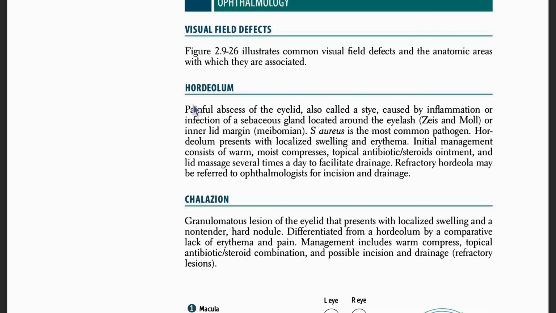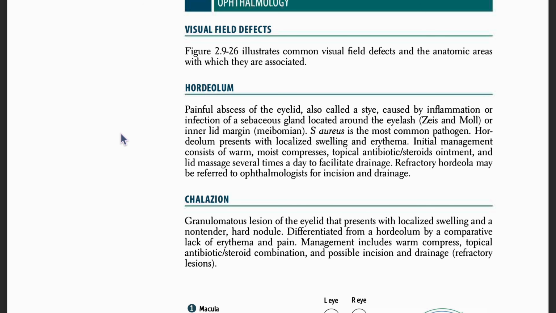So hordeolum, this is a painful abscess of the eyelid, also called a stye, caused by infection of a sebaceous gland located around the eyelash, Zeis and Moll, or inner lid margin, like Meibomian. S. aureus is the most common pathogen.